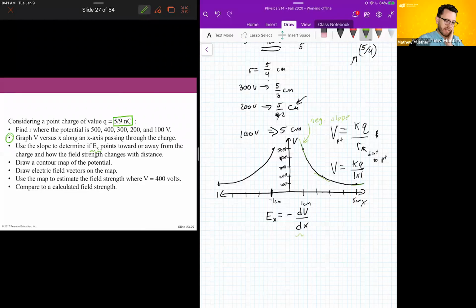Since I have a negative slope and a minus sign sitting in front of this slope expression, I have a positive, so this implies positive electric field. That means everywhere over here, the electric field points in a positive direction. What about on the other side, negative values of X? Well, here I have positive slope everywhere.